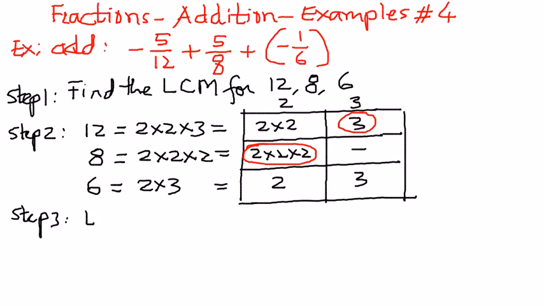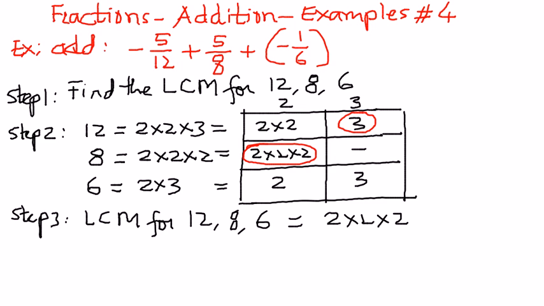The least common multiple for the numbers 12, 8 and 6 is going to be equal to 2 times 2 times 2, that is the one we circled, times 3. So when we multiply them out, 2 times 2 is 4, 4 times 2 is 8, 8 times 3 is equal to 24, and that is the number we are looking at.